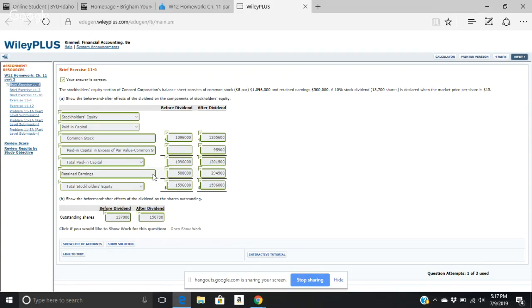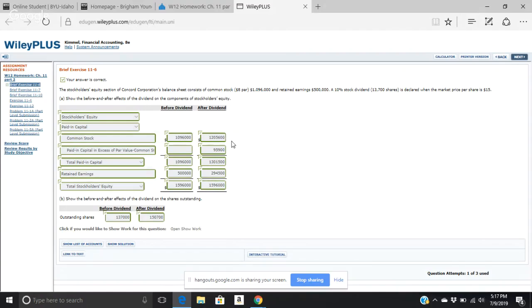And the retained earnings, we can see that the retained earnings are $500,000. And so the total stockholders' equity is the sum of the total paid-in capital and the retained earnings. And that gives us $1,596,000.